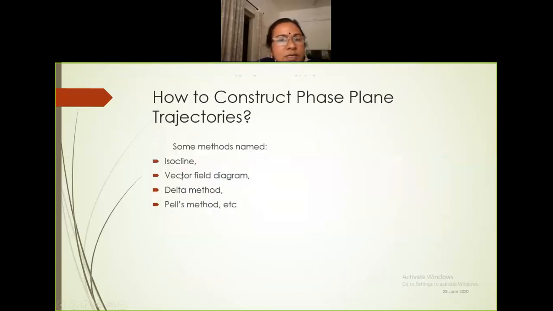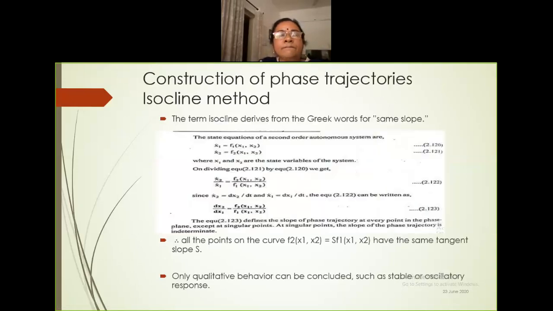But in our studies, we mainly concentrate on the isocline and delta methods only. Okay, now we'll go to the isocline method. Construction of phase trajectories, isocline method. The term isocline derives from the Greek words for same slope. Isocline means same slope.